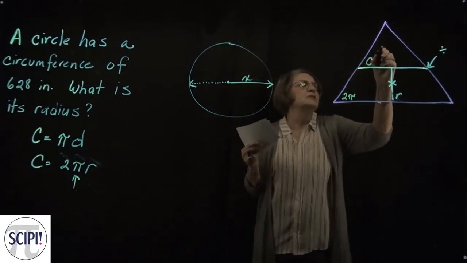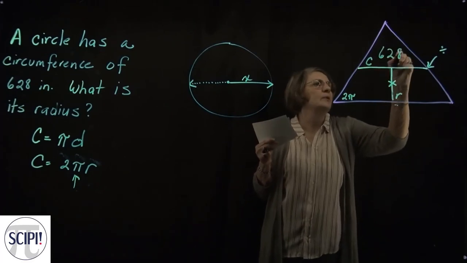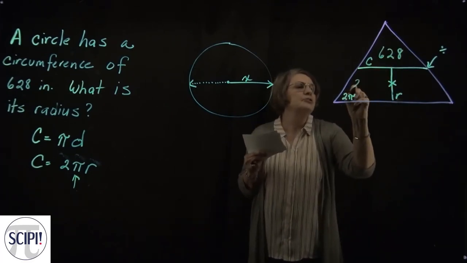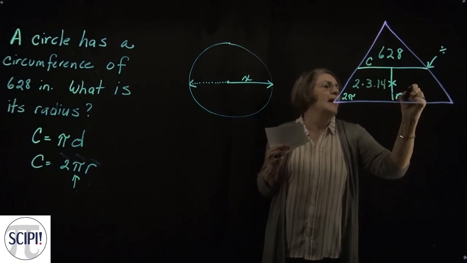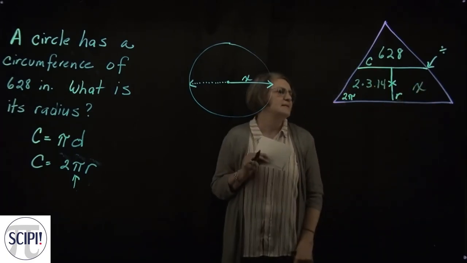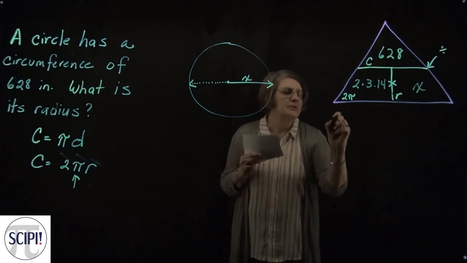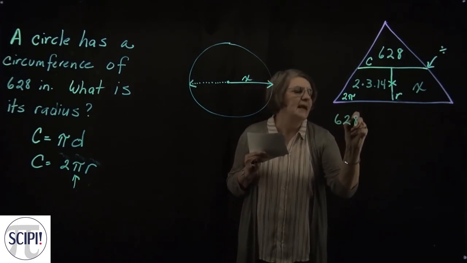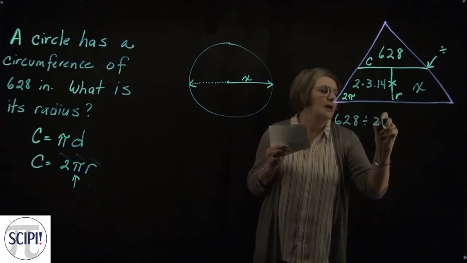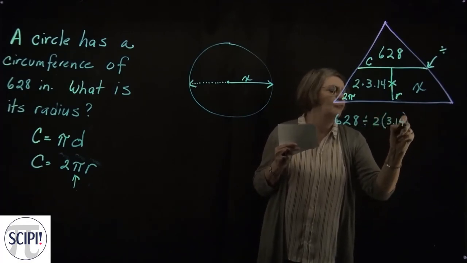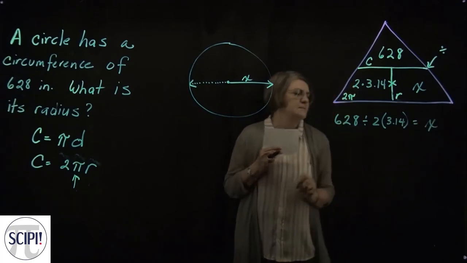So up in the top, we're going to put 628. We're going to put 2 times 3.14, and we don't know the radius. All right? So I'm going to put 628 divided by 2 times 3.14 equals x.